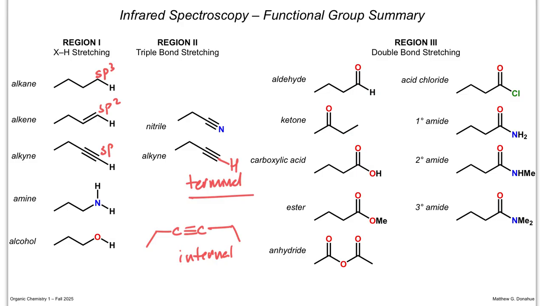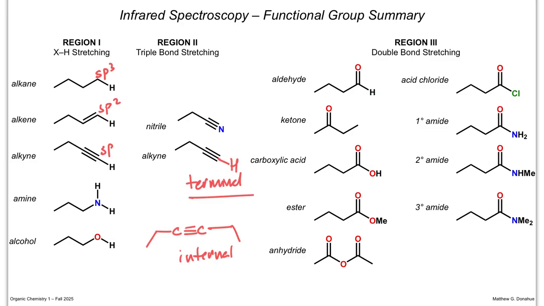So we saw a lot of functional groups with carbonyls, right? Aldehyde, ketone, acid, ester, anhydride, acid chloride, and amides. If all of the C=O pi bond stretching looked the same, we would be kind of screwed, because then you could make a lot of assumptions about which one of those functional groups is present.